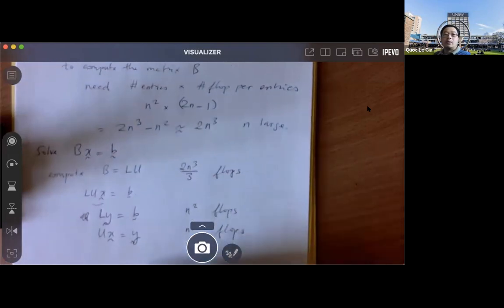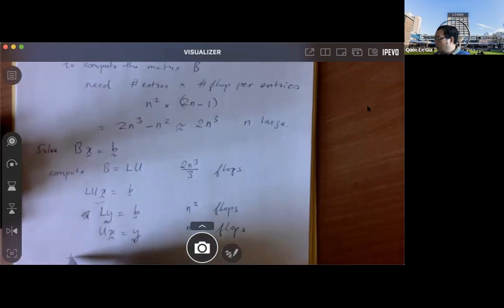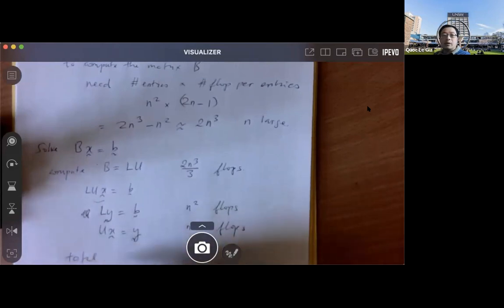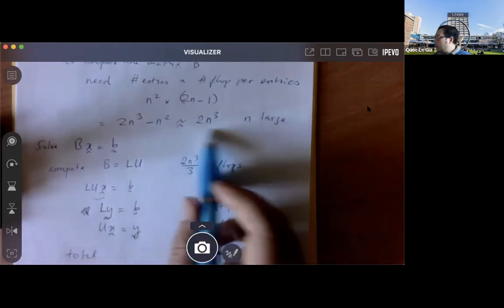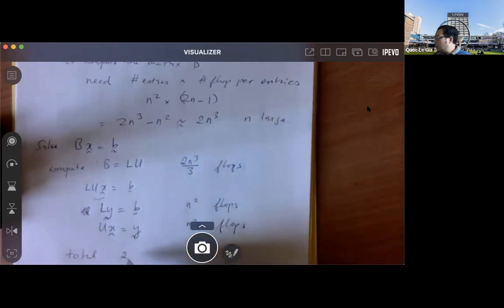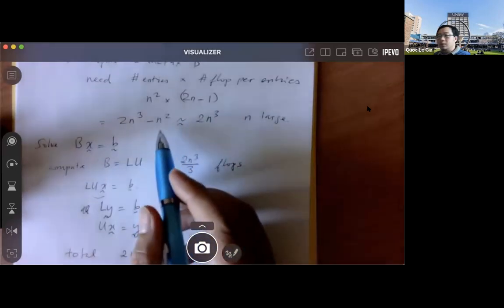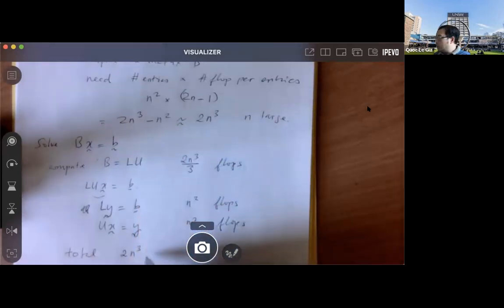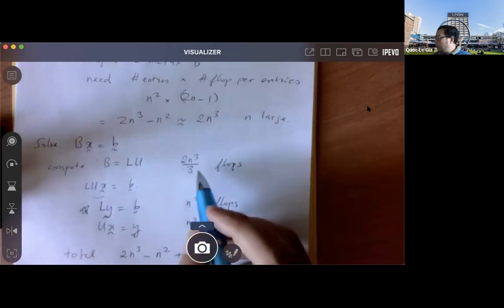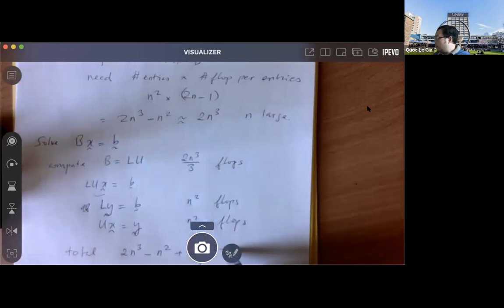So in total, you have 2n cubed here, right? Well, I mean, you can say that, okay, minus n squared for here, and then you plus 2n cubed over 3 for here, plus 2n squared.